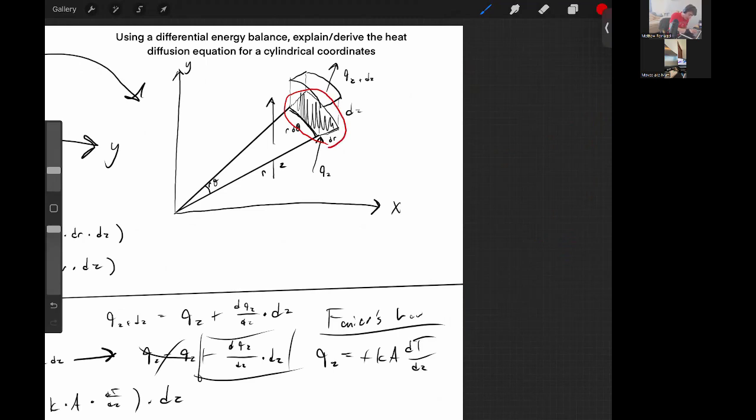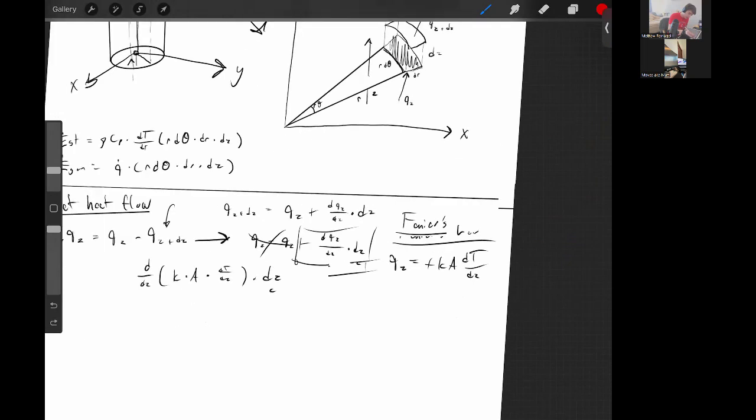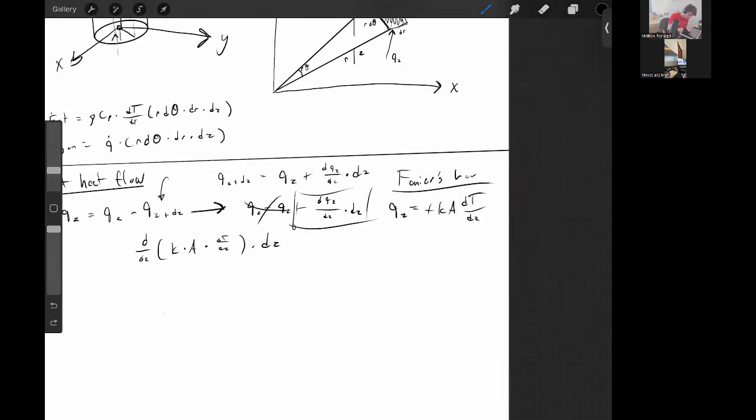And if we look, this cross-sectional area is dr multiplied by r change of theta. So in this case, area equals radius times change of theta multiplied by change of radius.